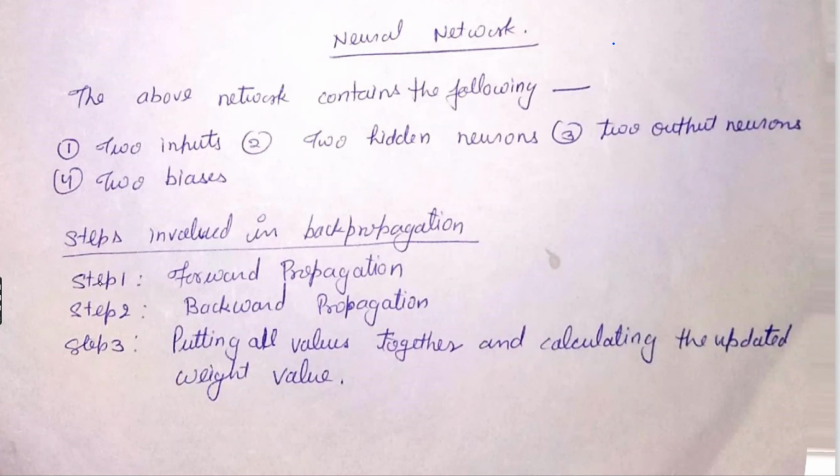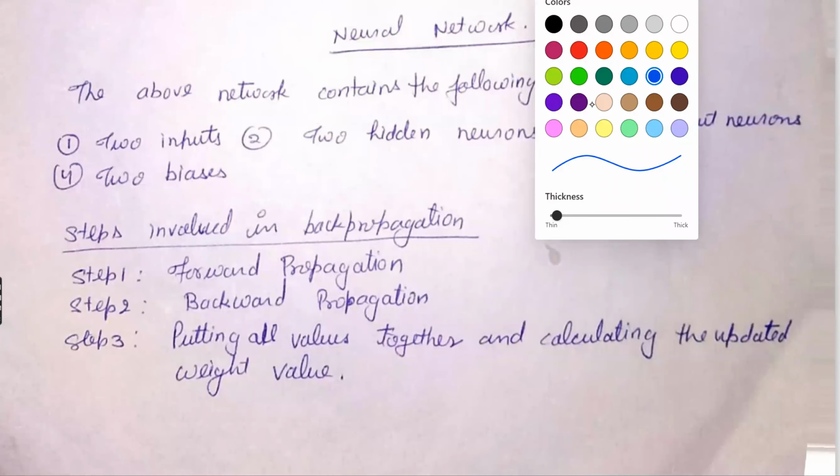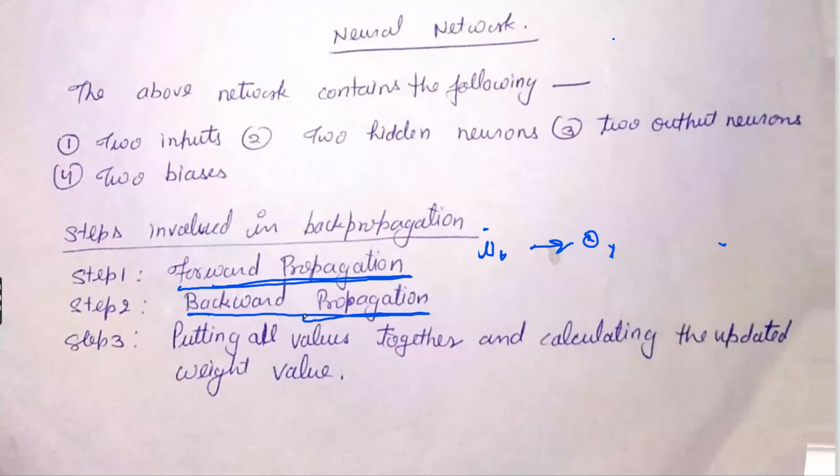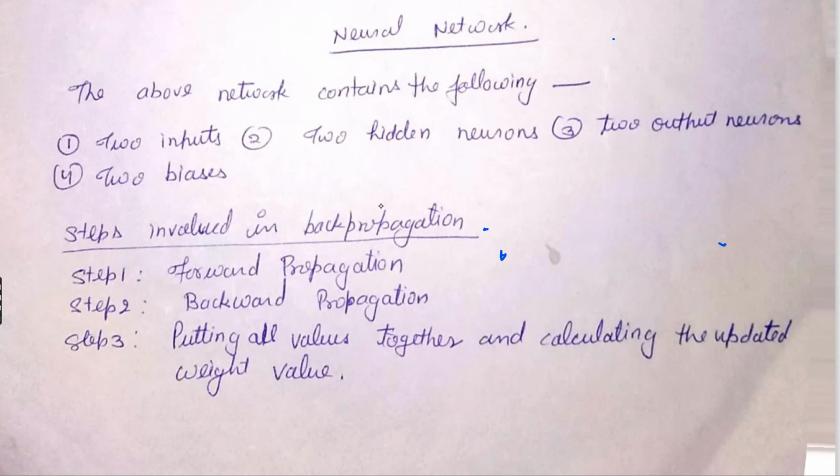Step 1 is forward propagation, in which we will calculate the output from I1 to O1. In the back propagation, we will propagate backwards. And in step 3, we will update the weight values according to our output. Let us discuss all these 3 steps in detail one by one.